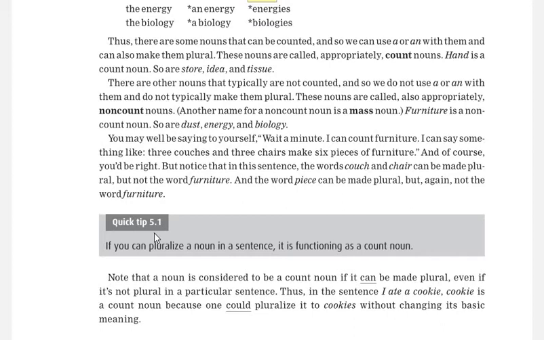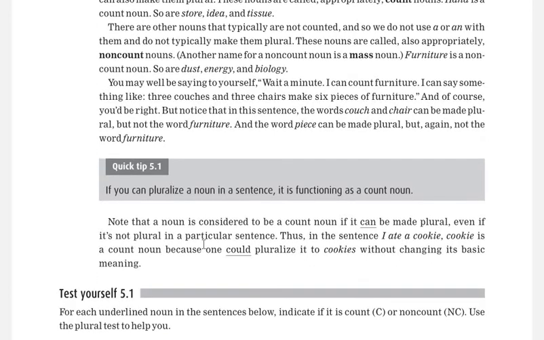You can use s or es or some other way to pluralize the noun. It means it's a count noun. And if you can't pluralize that noun, it is a non-count noun.